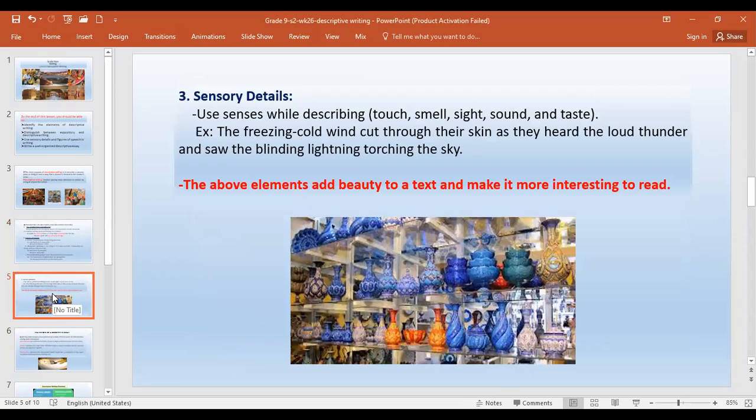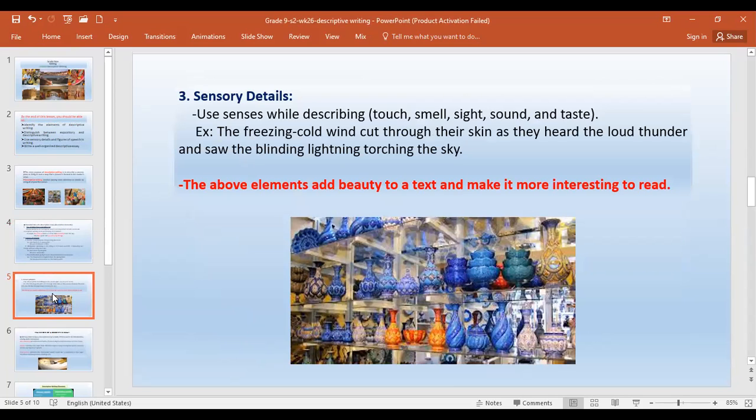One more thing, an element of descriptive writing is sensory details, the use of sensory details. Yasmina, would you please read? Okay.